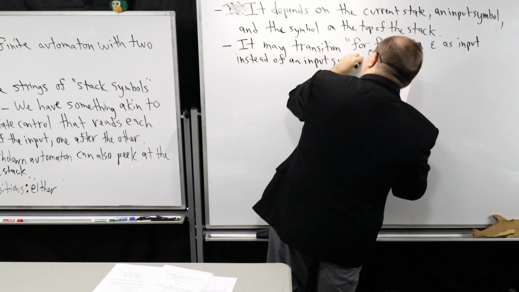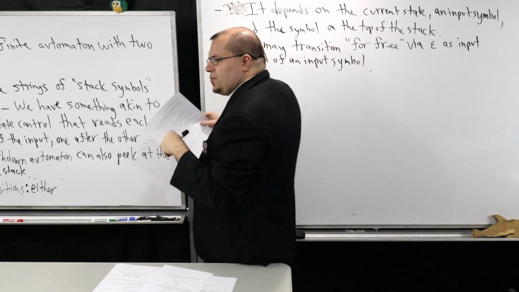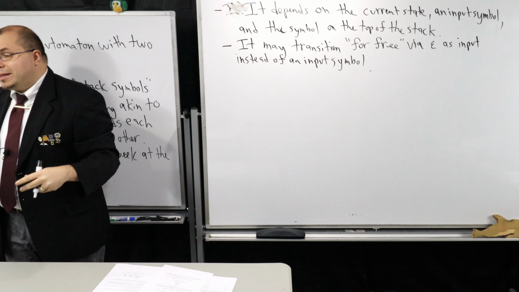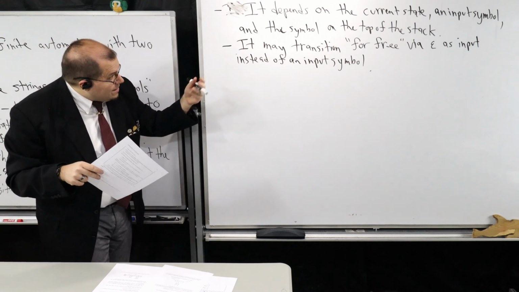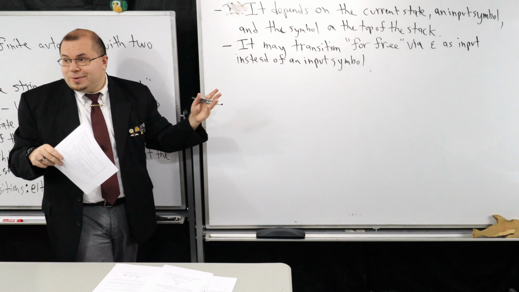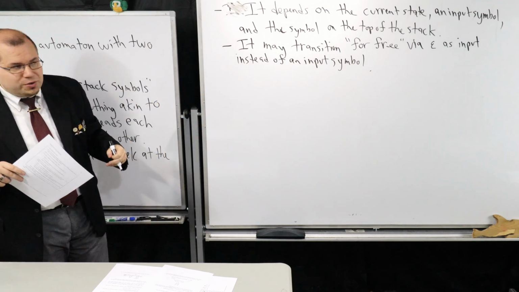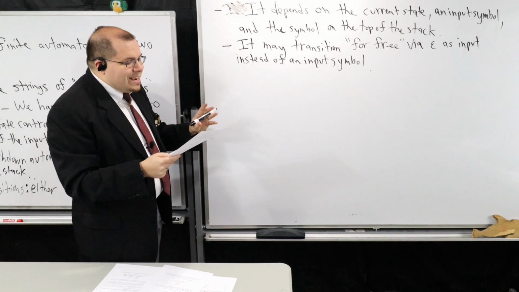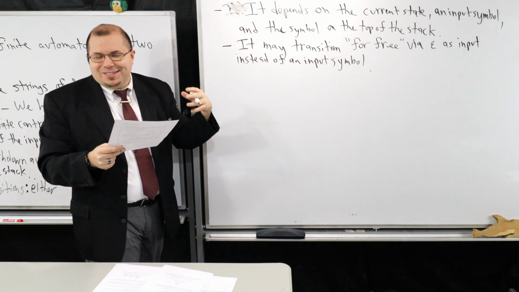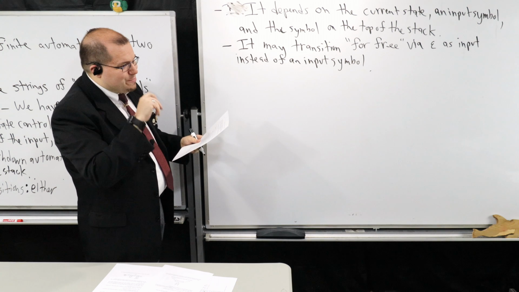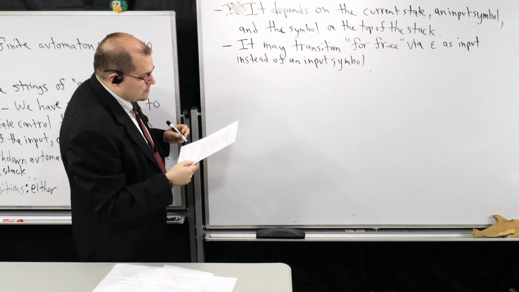That isn't too much different from the epsilon NFA, right? We're allowed to transition, essentially, for free on an epsilon move. We have our epsilon transitions or epsilon moves. But you're going to see how the epsilon plays along with this stack, and it changes up things quite a bit from what we've done before.